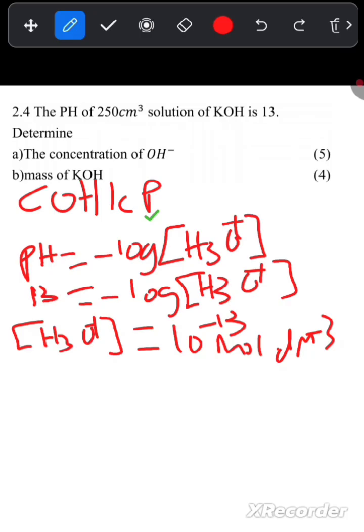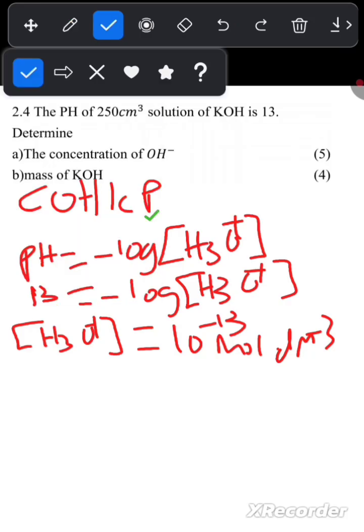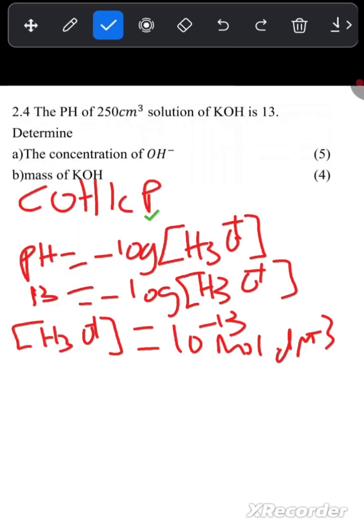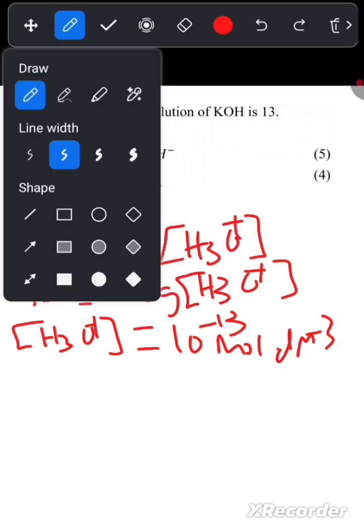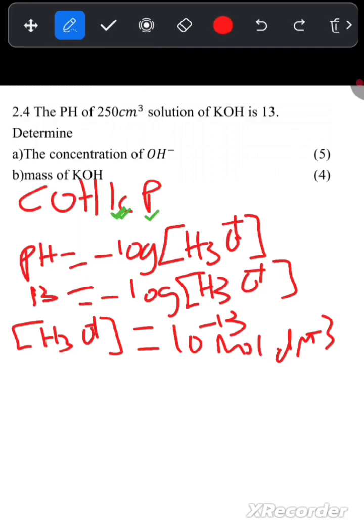So it means I must go to the Kw formula. So from here, I now use the Kw formula. So we are moving in reverse. We are moving here, going backwards. Kw formula. So I take the Kw formula now.